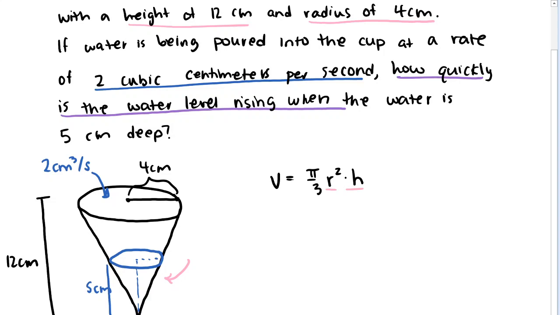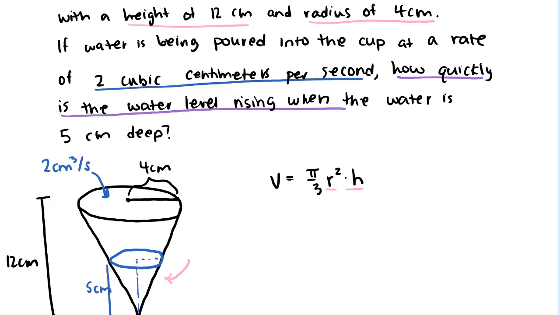If we were to take the derivative now, we get some messy formula involving the radius, the height, the rate of change of the radius, and the rate of change of the height of this cone of water at the bottom. And that's a lot of things that we don't have all the information for.